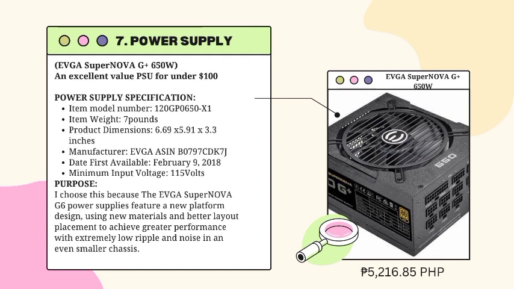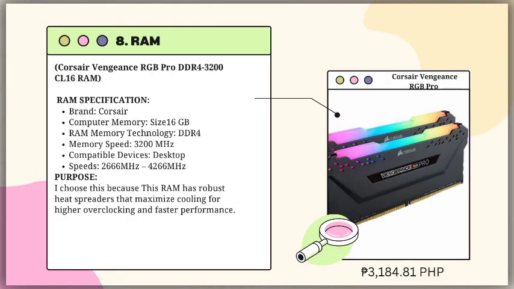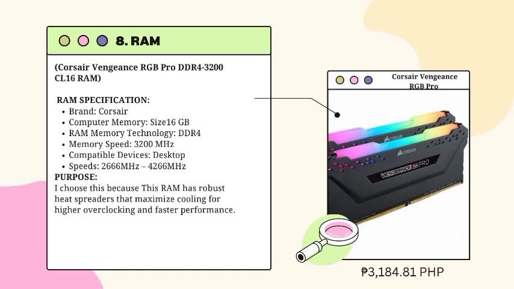The EVGA Supernova G Plus 650W has a price of 5,216.85 pesos.